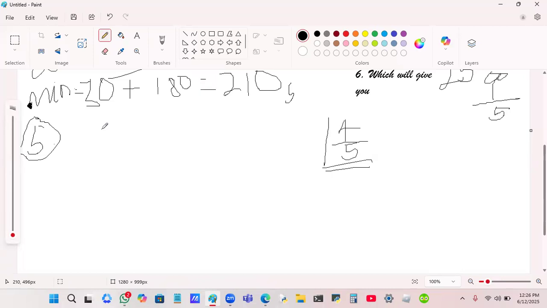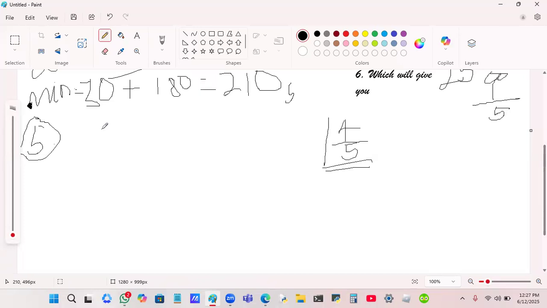P equals 5,000. T equals 2 years. R equals 5%.